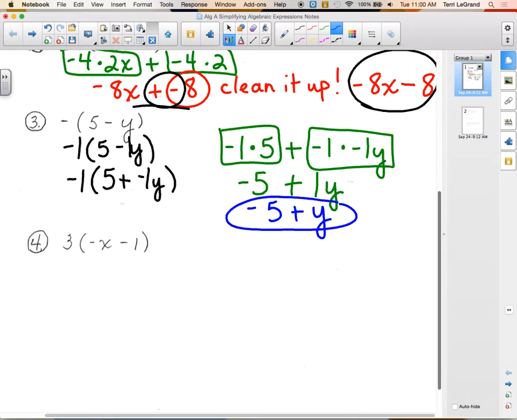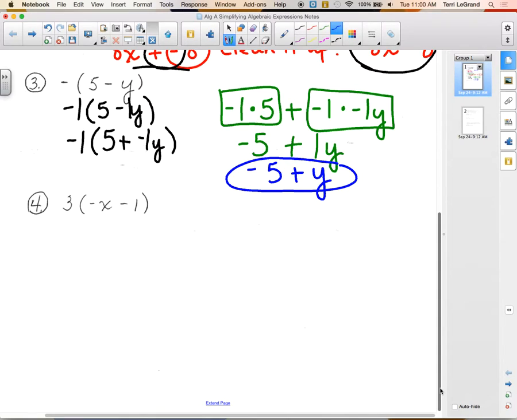They get that 1 out of there because, just like you can put a 1 in there, multiply by 1, or divide by 1, you can take it back out again. So sometimes we think we're wrong, but we just haven't cleaned up our answer. We have the same answer as they do, we just don't realize it.